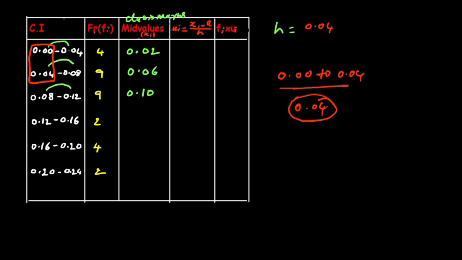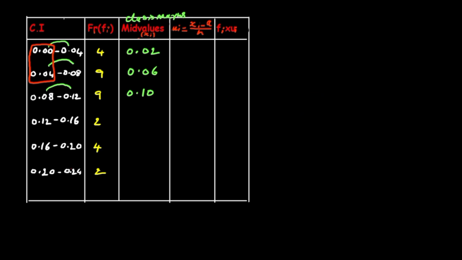Between every two classes, whether these two or these two, the difference is only 0.04, so the class size is constant, that is 0.04.